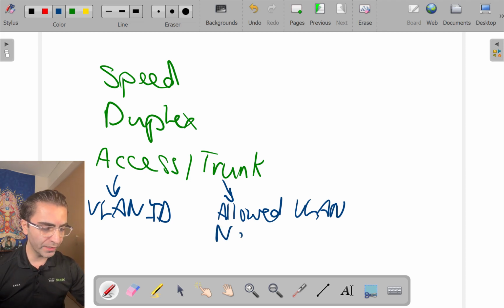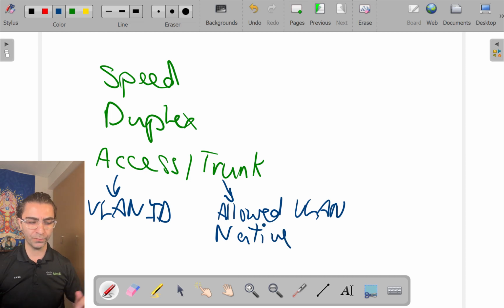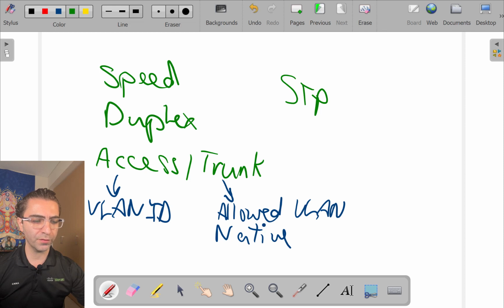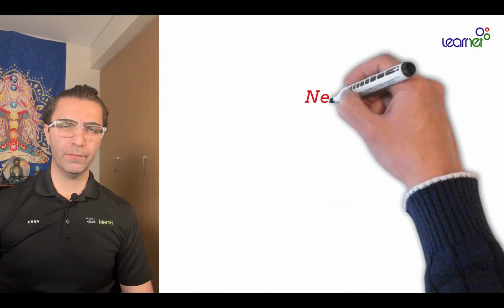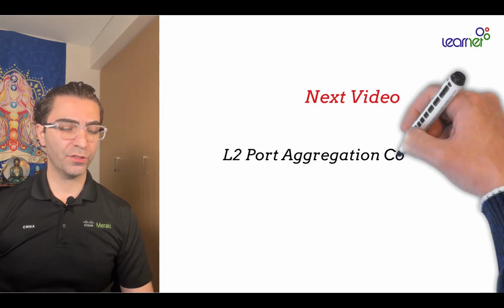And also the native VLAN should be the same on all of those trunk interfaces. And the last item is the spanning tree protocol configuration. As I mentioned, this is not an inclusive list. There are more parameters that need to be met, but these are the things that you need to know for CCNA level.